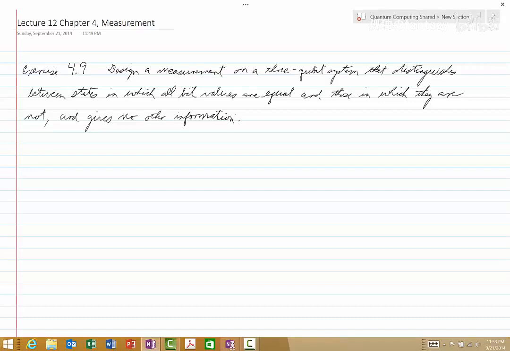And furthermore, it asks us to write all operators in the bracket notation.